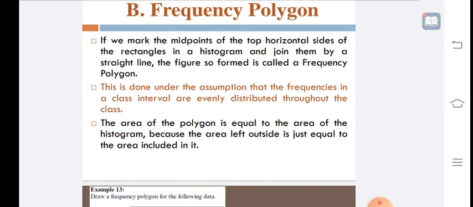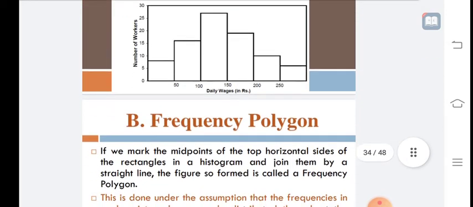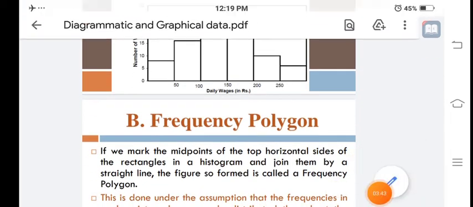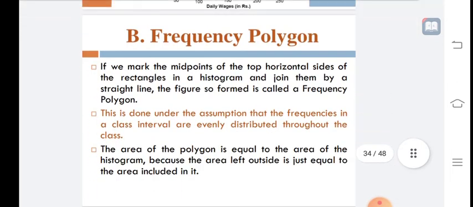So first of all we have to draw the histogram, and then mark the middle point of each top side. For 0 to 50 the middle point will be 25.